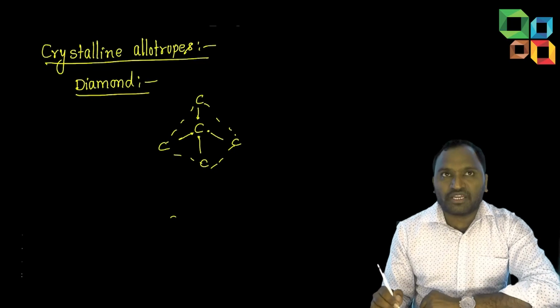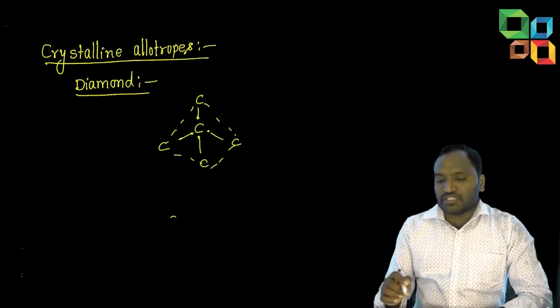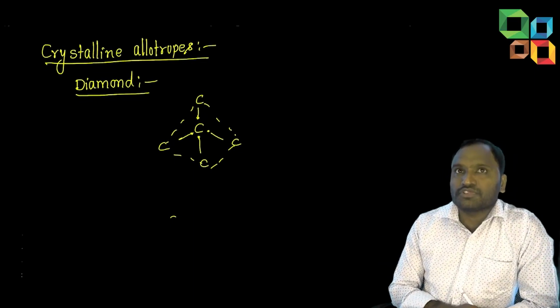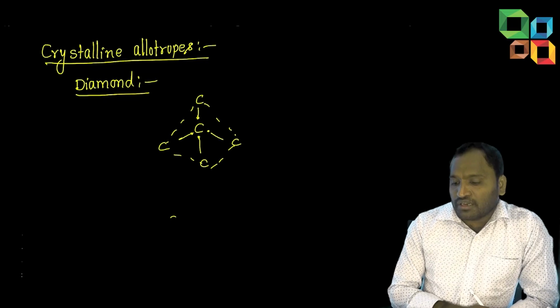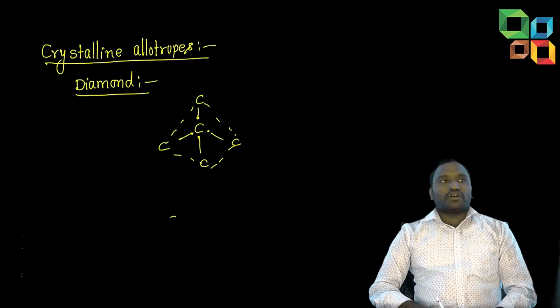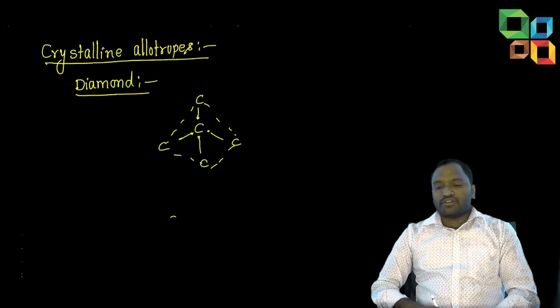So there is no free electron. In other carbon atoms also, the same thing happens. One carbon atom is connecting with the others. So it's an insulator. All 4 valence electrons are involved in bond formation. There is no free electron.